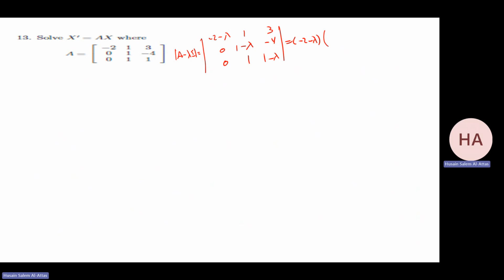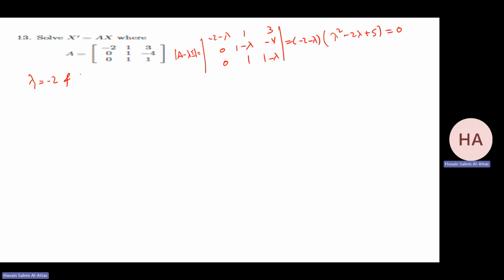Expansion along the first column. So I have 1 minus lambda squared. Let me do the calculation. That will be lambda squared minus lambda minus 2 lambda plus 5 equals 0. So I have lambda 1 equals minus 2, easy one.